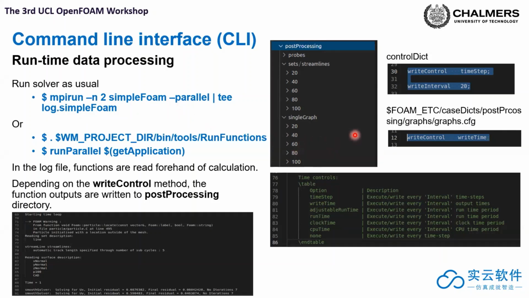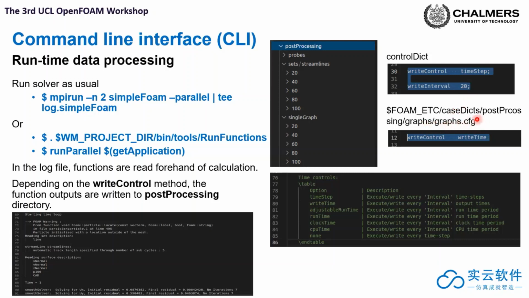In this case, let's say the probes or the sets are written every 20 iterations, because in the controlDict we set our write interval to 20, so the result will be saved every 20 iterations.